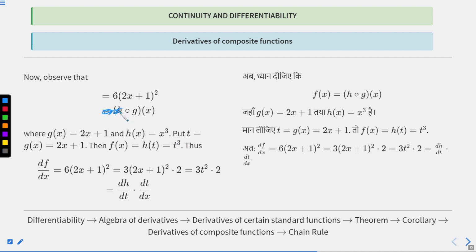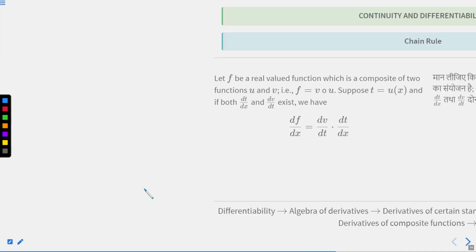So this will be eliminated here. This is not the same. Sorry for this error. So d of f by dx will be dh by dt multiplied with dt by dx. I hope that it is clear. Let us move to the next.